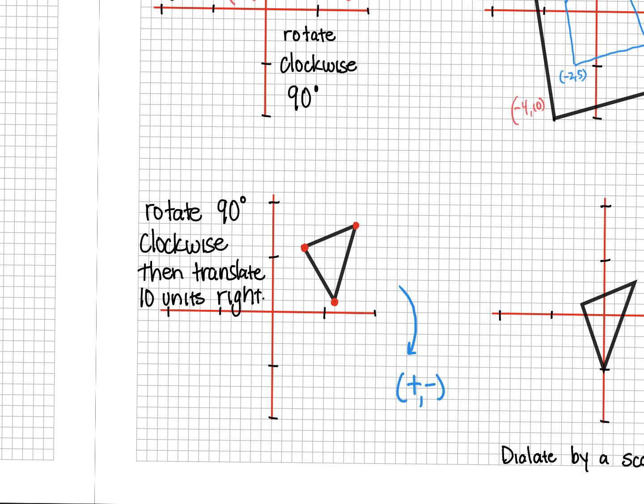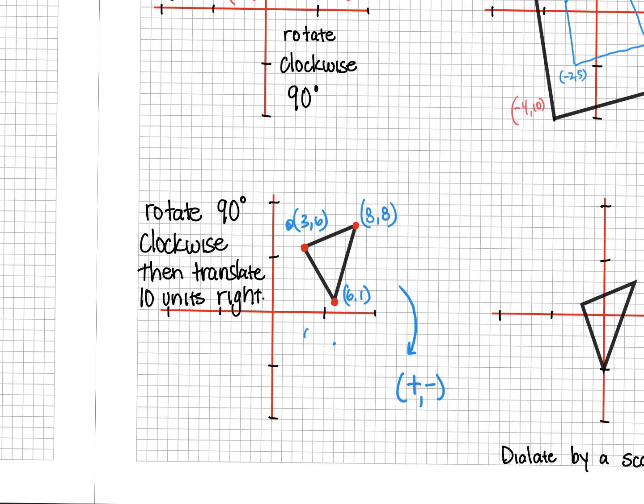Okay, so we're gonna switch the numbers and make them positive/negative. Let's see. This one is at 3, 6. This one's at 8, 8. This one's at 6, 1. All right, let's switch them back and forth. When we rotate to a new neighborhood, moving sucks. It switches you, turns your whole life around. So instead of 3, 6, we're gonna go to 6, 3, but 6 this way and 3 down.